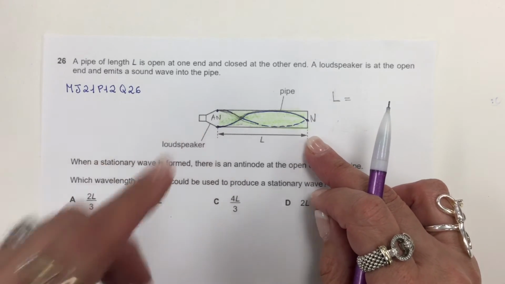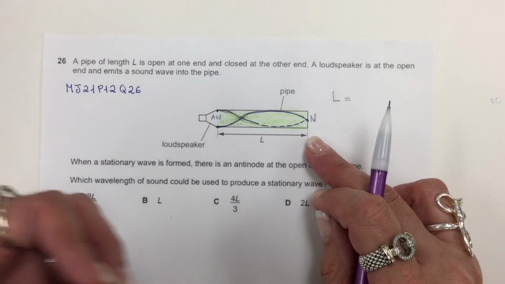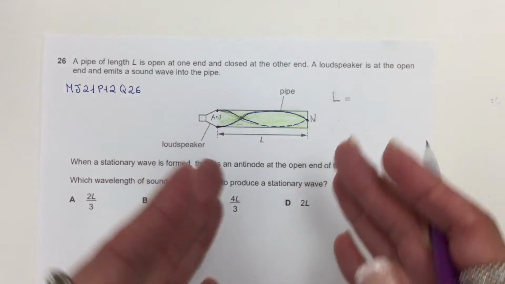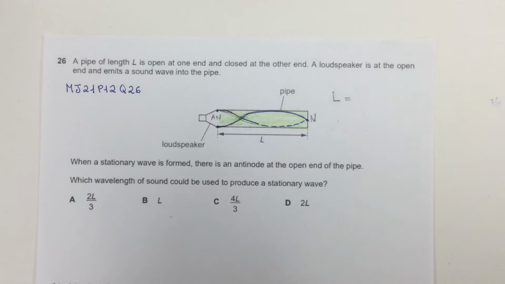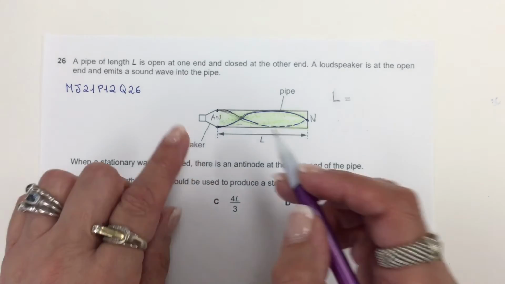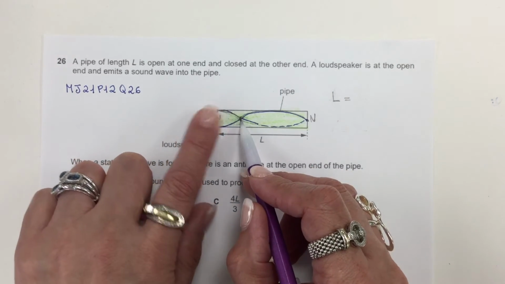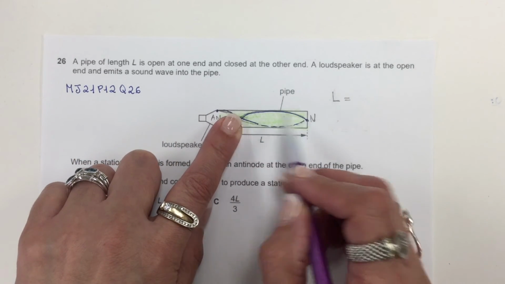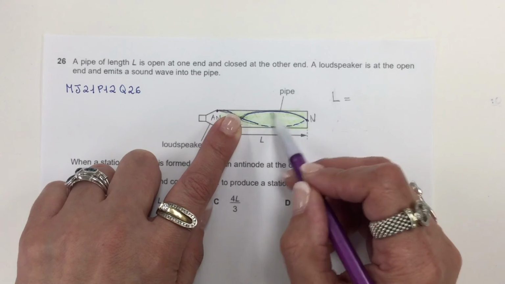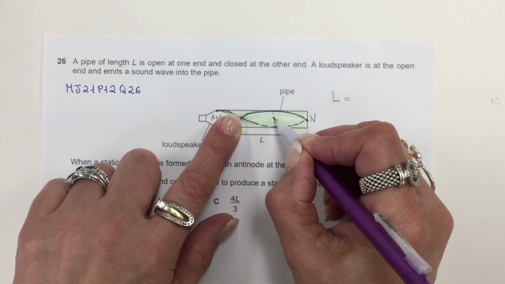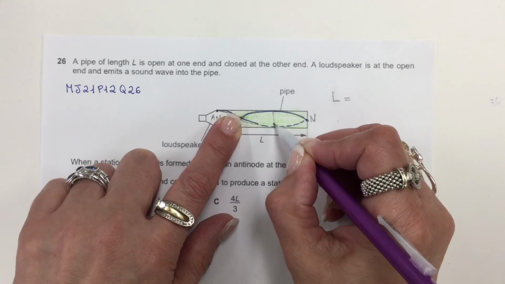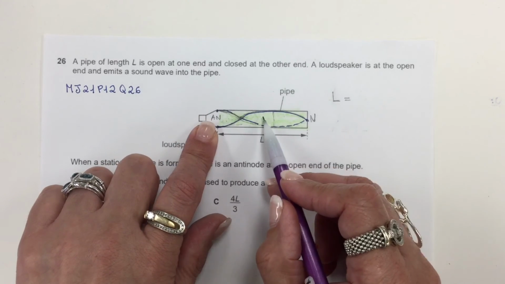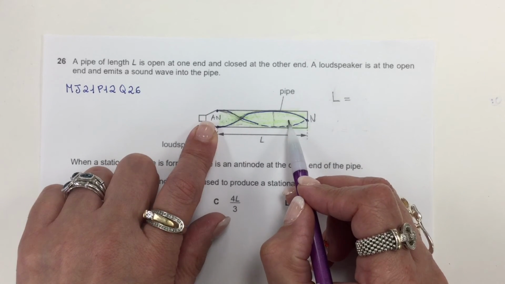Some students are a little bit confused about how this is 3/4. So I'm going to write it in a different way that will make more sense to you. If this is a quarter, then between two nodes I have half of a wavelength, which means this is also a quarter. So I have 1/4 here, 1/4 here, and 1/4 here.